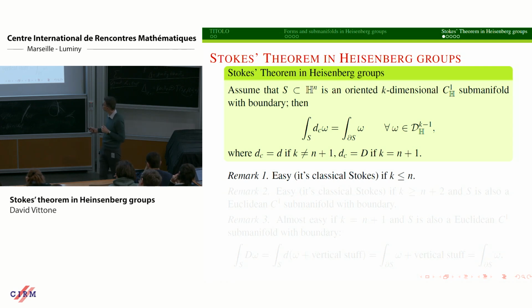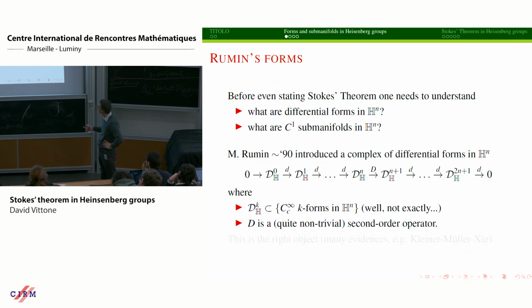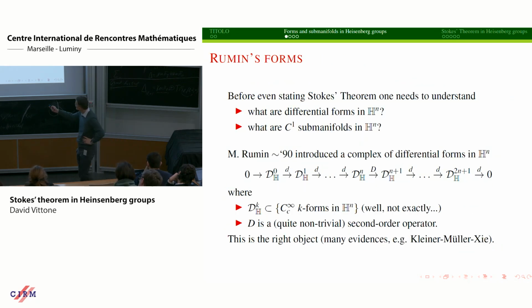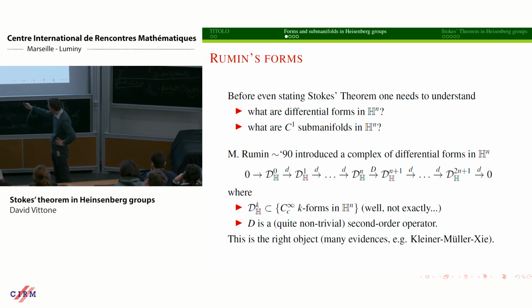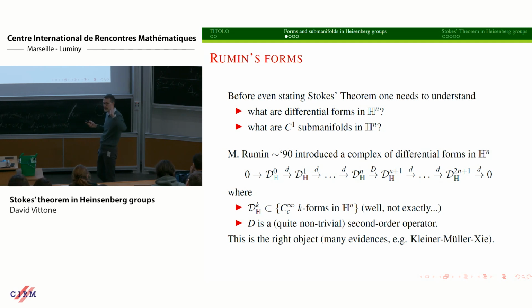I told you that in the lower dimensional part of Rumin's complex, these spaces are not exactly a subspace, but rather a quotient of classical de Rham k-forms.